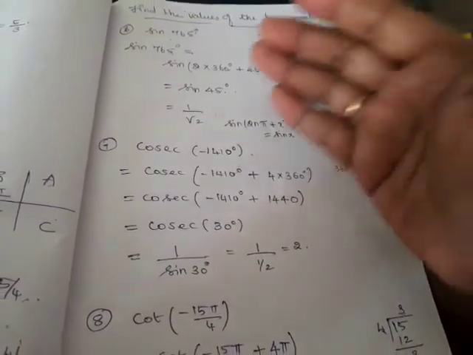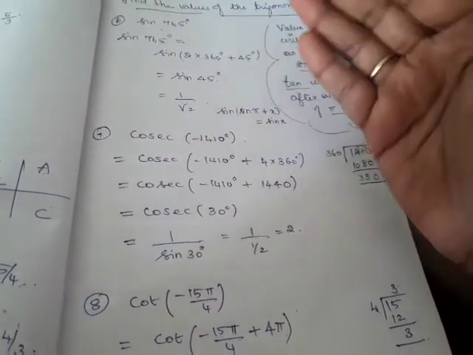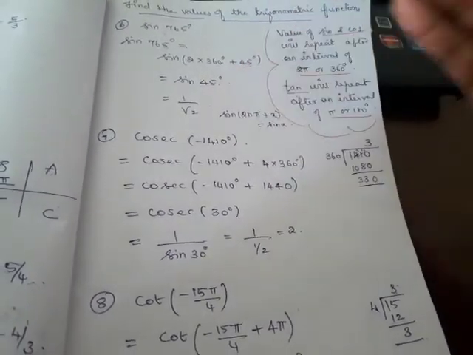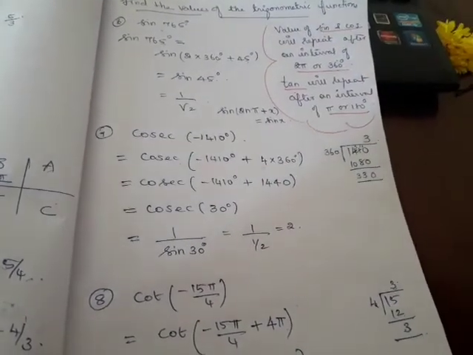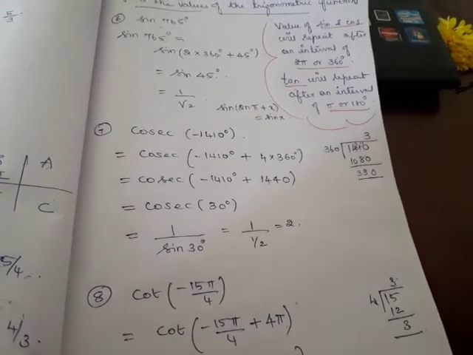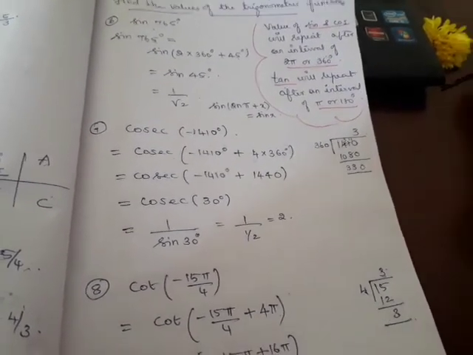Here I told you, when you have a positive value, try to express it as a multiple of 360 degrees plus the remainder. Then by applying the result after an interval of 2 pi, the sine and the cos values will remain the same. Even the reciprocals, cosec and secant, will behave in the same way.